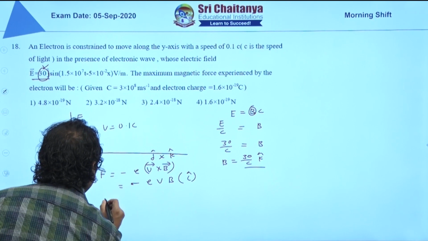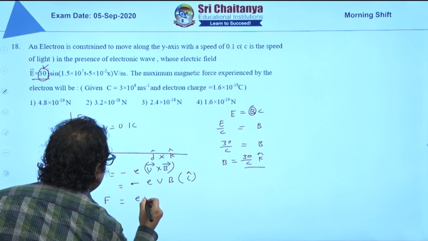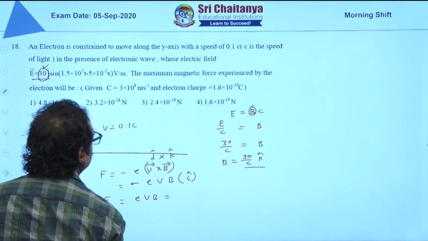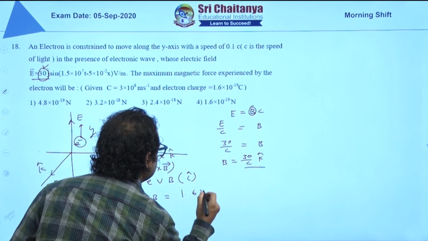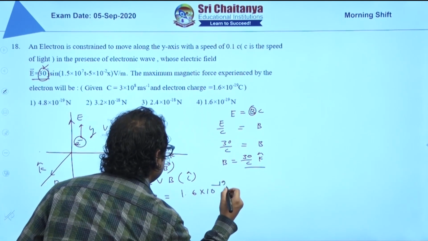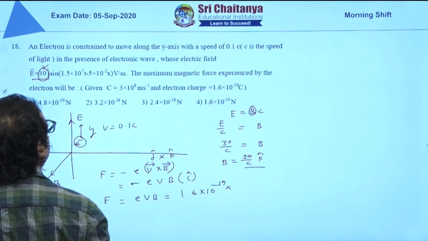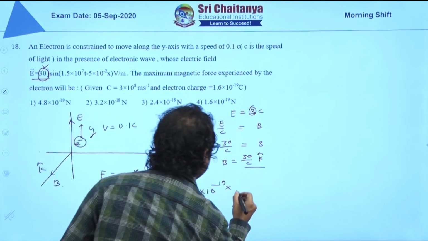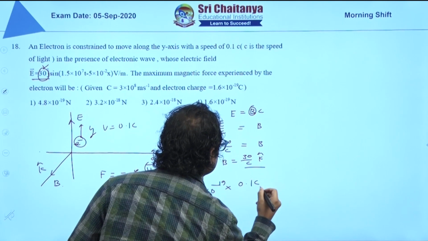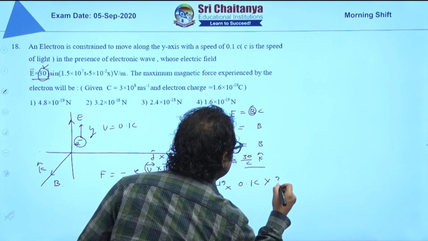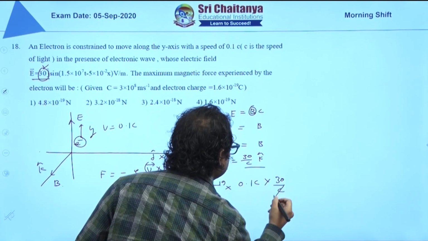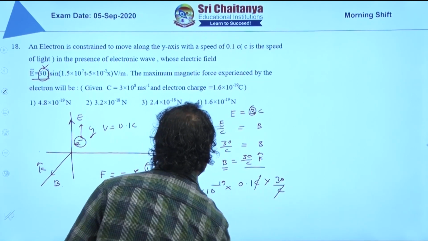So, the magnitude part is nothing but e into v into B, and that we need to calculate. The e value is 1.6 into 10 to the power minus 19, into velocity, which is given as 0.1 c, into this B value, 30 upon c. These two are getting cancelled.